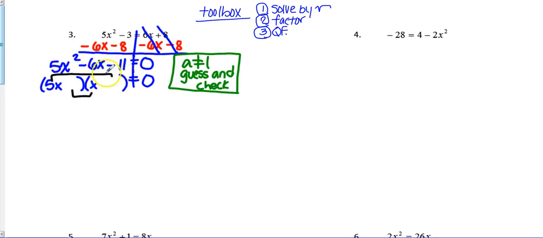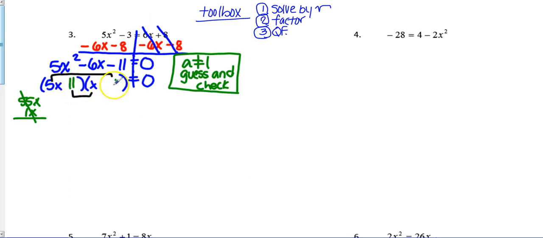So when I look at 11, the only factors of 11 are 11 and 1. So maybe I try putting 11 here and 1 here. When I do the outer, that gets me 55x, and when I do the inner, I get 1x. No way is that going to add to 6. Not even close. So we will switch 11 and 1.